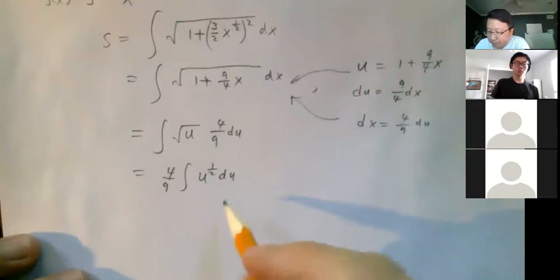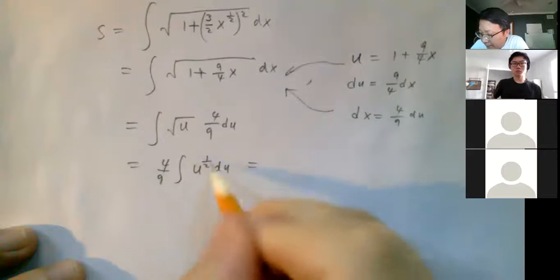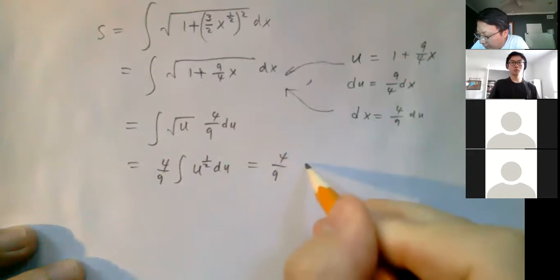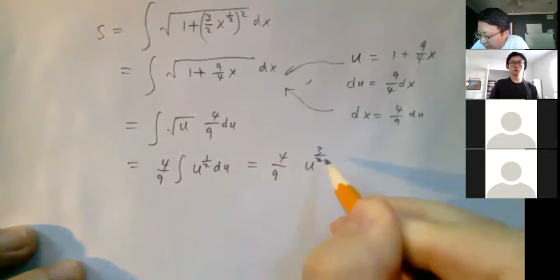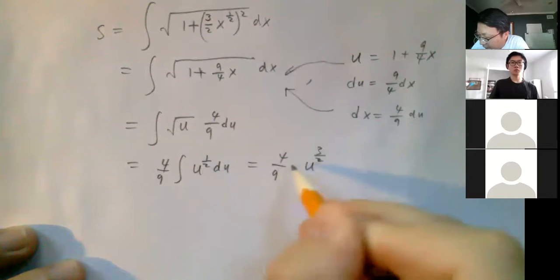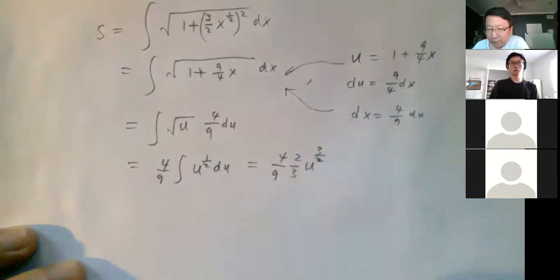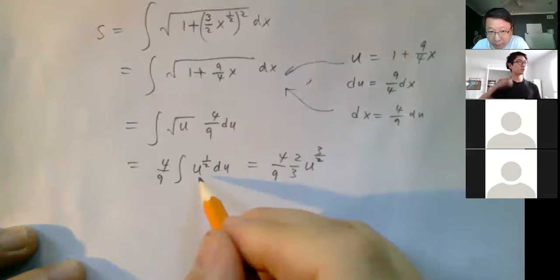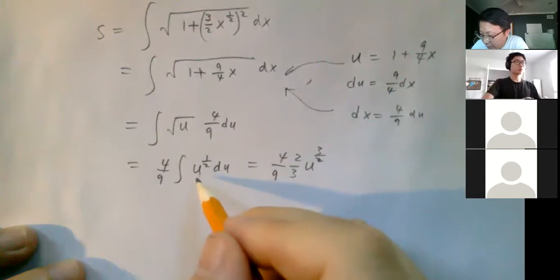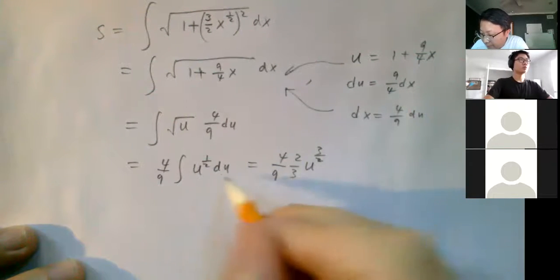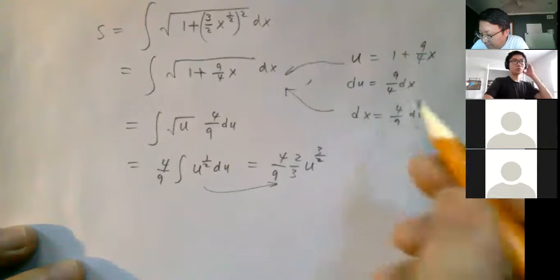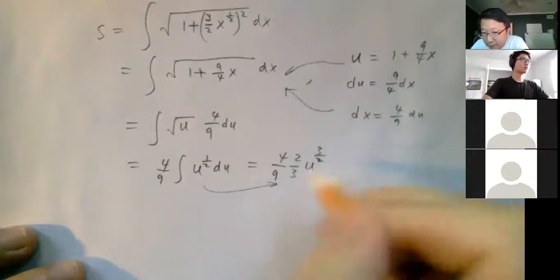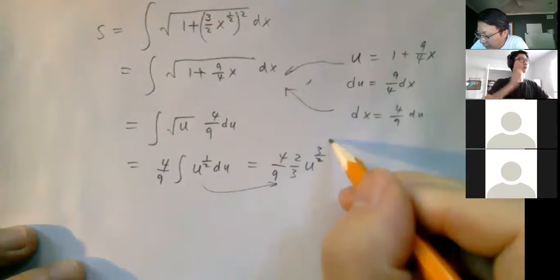So this one is easy. What is the anti-derivative of this? It has to be u to the 3/2 times a factor, so that its derivative becomes this function. Then you take it out and do this, because the derivative is u to the power 1/2. And then you need to add a constant because we are looking for the whole antiderivative.